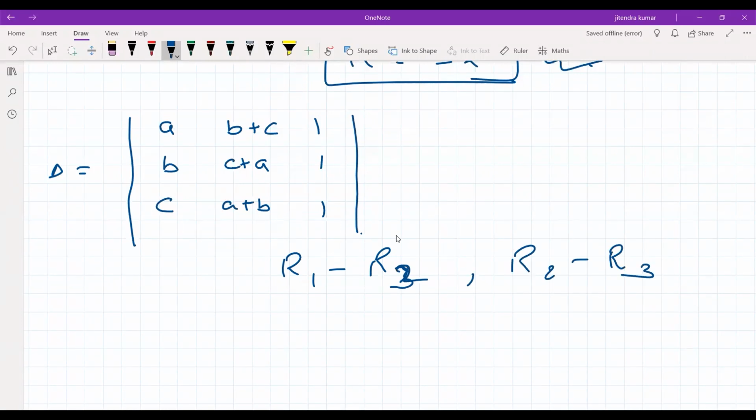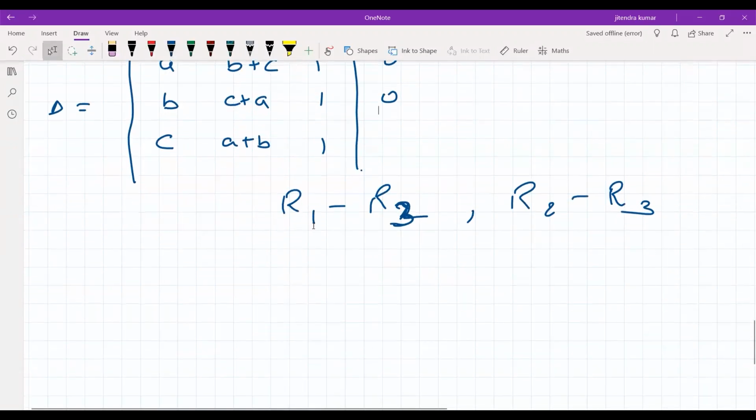So you will have two zeros here. Then you can just expand it by the third column and it will be easier. Calculation will be less.